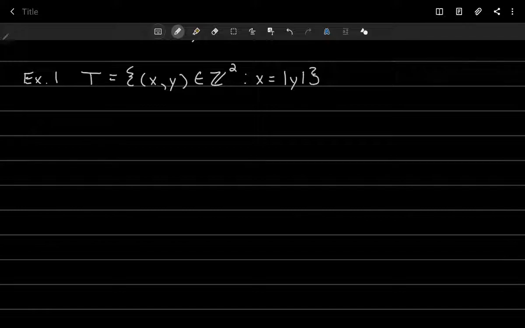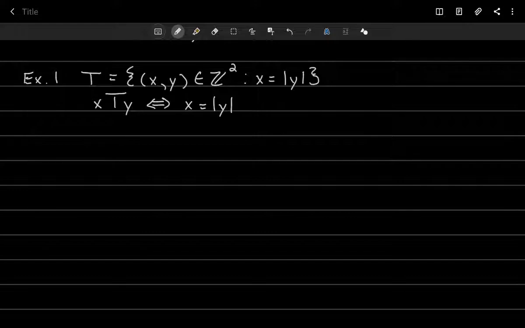Using our other notation, we could write this as x T y if and only if x equals the absolute value of y. Same thing. Both those mean the same thing. The first one is specifying my universe. If I write the second one, I have to go back and specify what my universe is. But I'm dealing with just integers here.